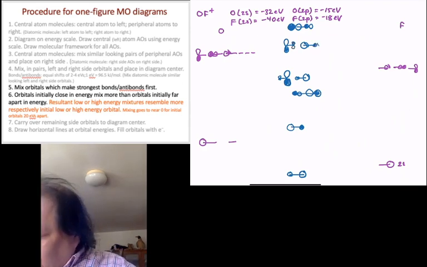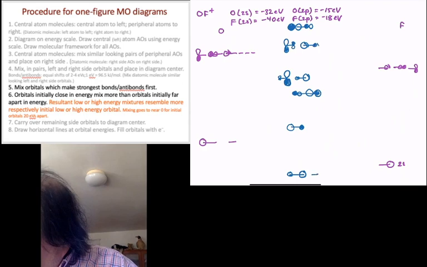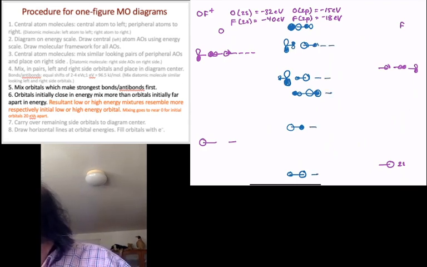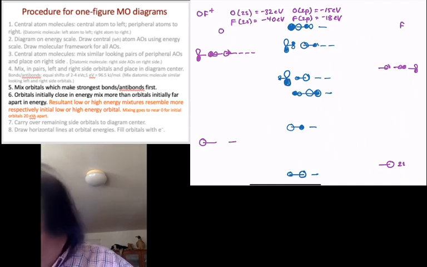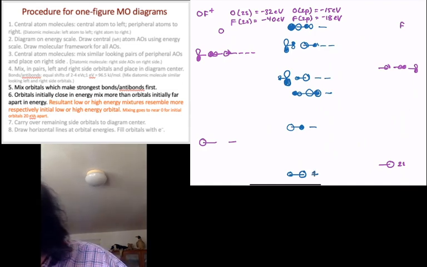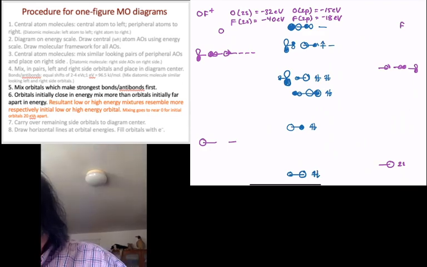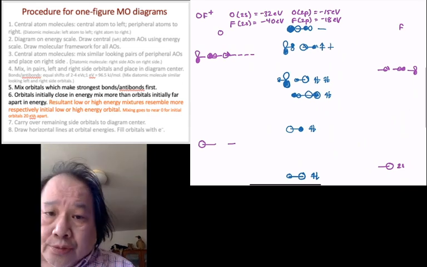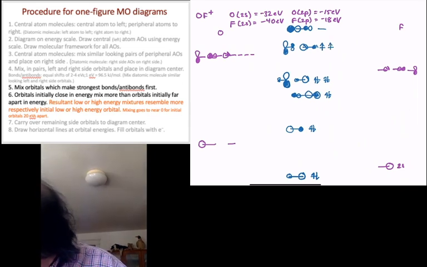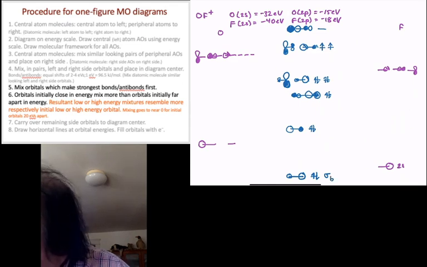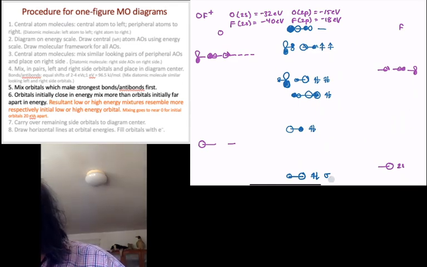And now I've drawn all the orbitals. OF+ has 11 valence electrons, 2, 4, 6, 8, 10, 11. By Hund's rule, where does the last electron go? It goes over here, parallel spin, that's Hund's rule. And now, this one is sigma what? Sigma bonding. Oh, sorry, that's not the nomenclature we did. We did it like this.